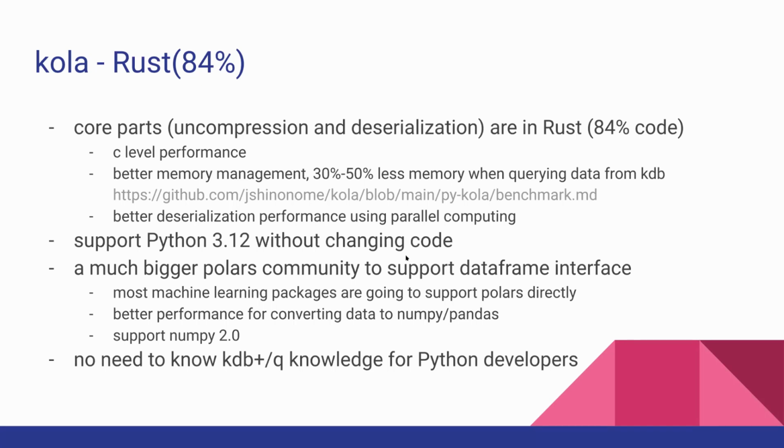It supports the latest Python without changing code, and has a much bigger Polars community to support the data frame interface. Most machine learning packages are going to support Polars directly. There's better performance converting data to NumPy or pandas. It already supports NumPy 2.0. And for Python developers, you don't need to know KDB knowledge.